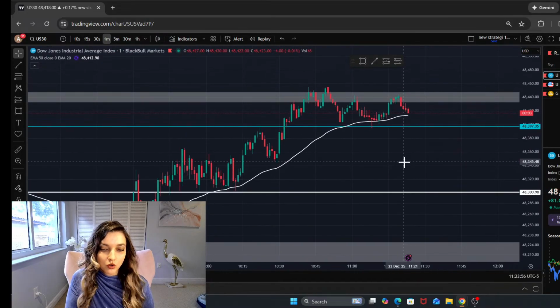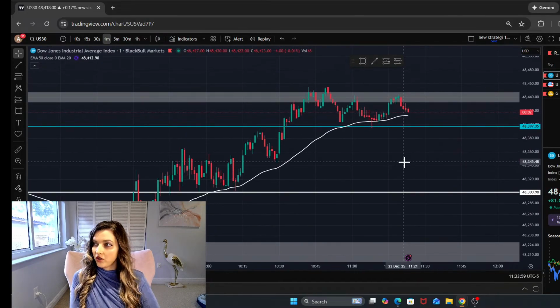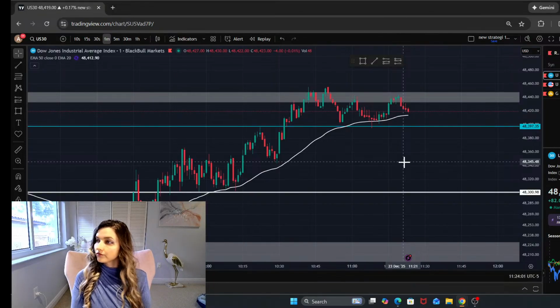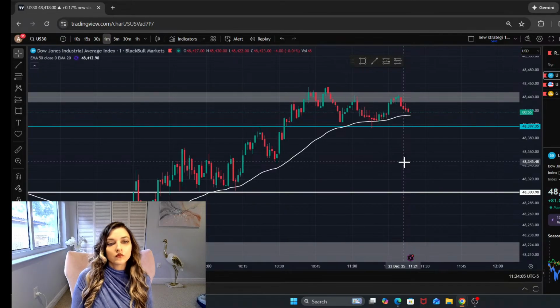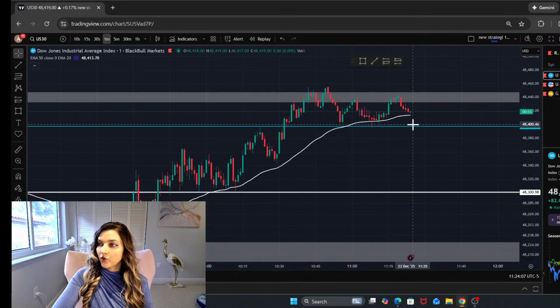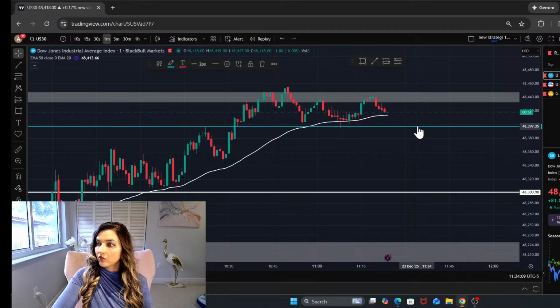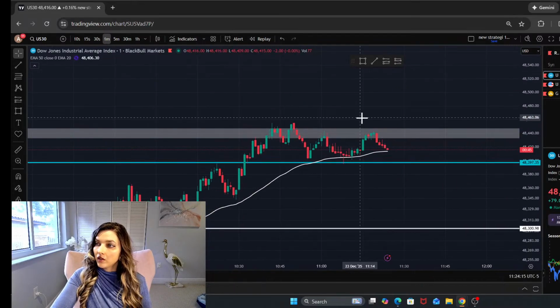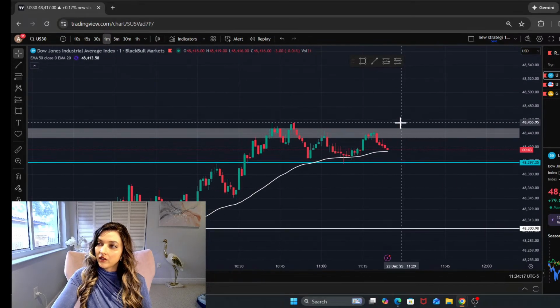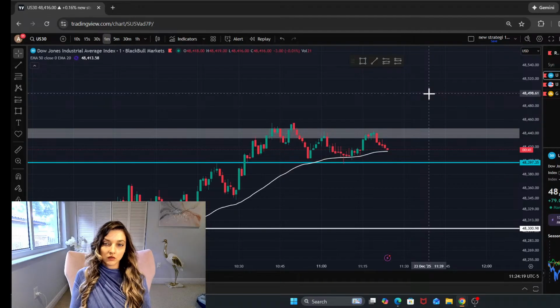I'm looking for a short, Papa Giorgio, here on the Dow. I go short if it breaks this blue line right here. If it breaks this area and gives me a retest, I go long.